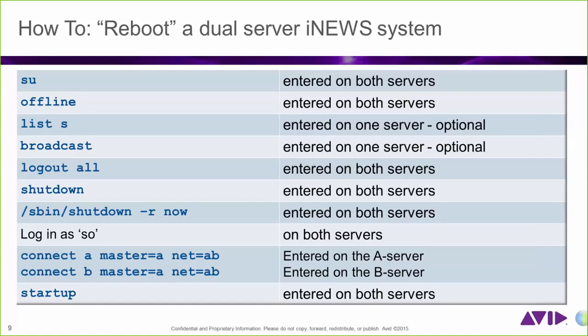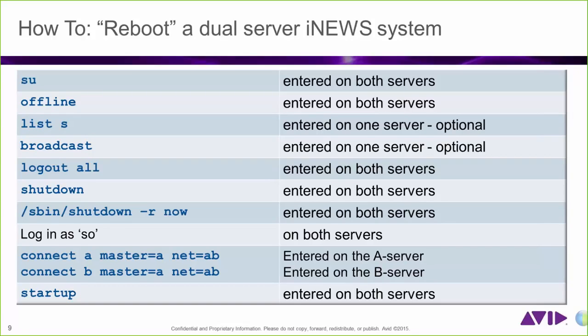But the reboot is very much like the shutdown and the startup, except we're not going to turn the computers off in this case. The computers will halt the operating system. The computer then will automatically reboot the operating system and start the servers up.